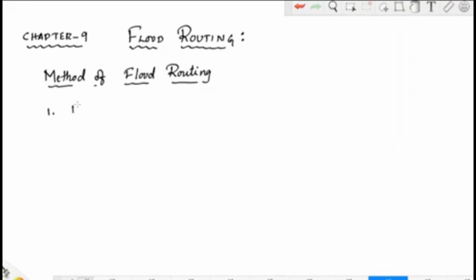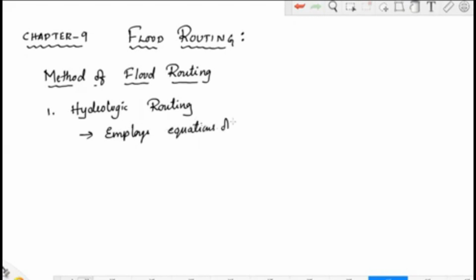First method, hydrologic routing. It uses equations of continuity. Hydraulic routing.